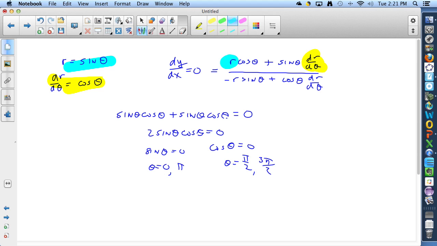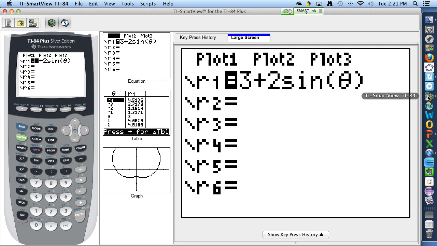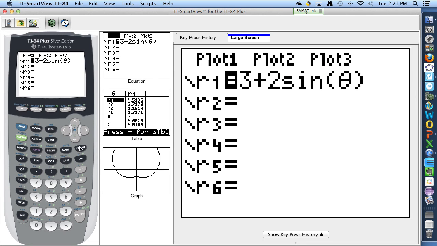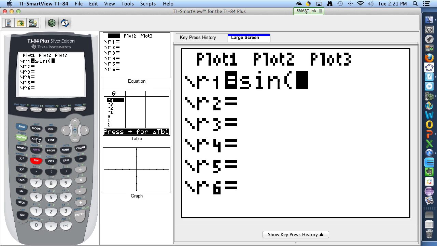Now, I might be interested in going to graph, right? So if I actually graph that, maybe I'll have to adjust my window.